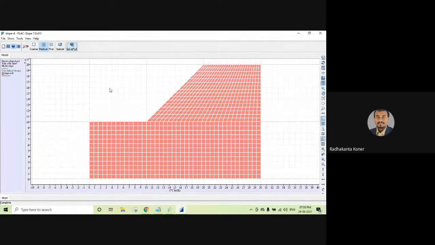In the strength reduction method, they gradually reduce the values of C and phi, and we know the shear strength is equal to C plus sigma tan phi. So for phi, it is tan phi dash, tan phi double dash, tan phi triple dash, and so on.